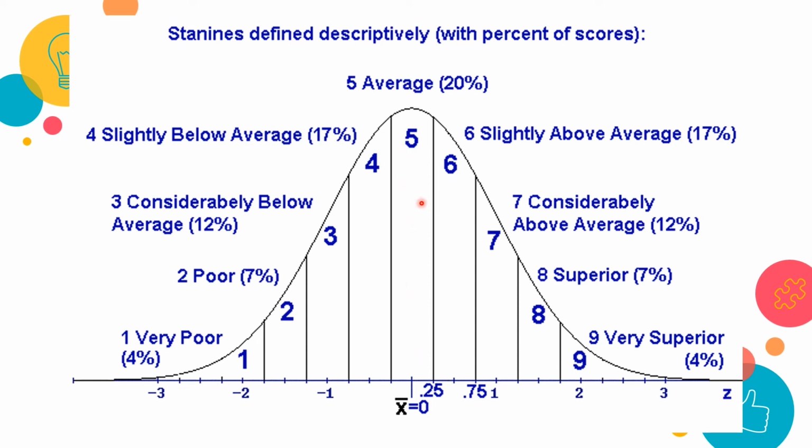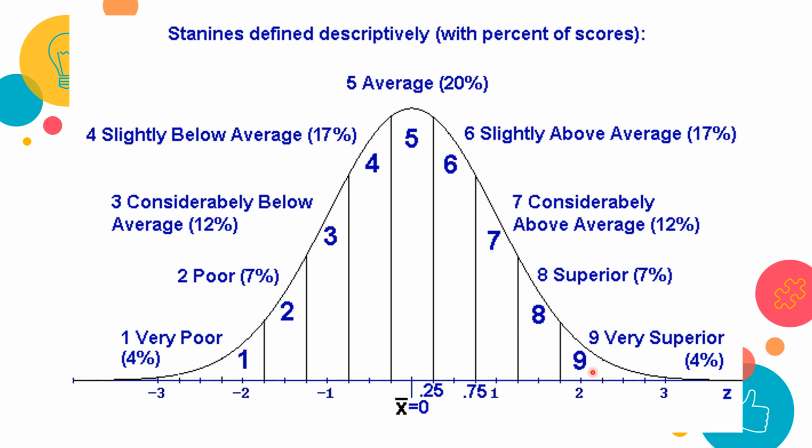17% will receive a grade of 6, slightly above average here. 12% will receive a grade of 7, as considerably above average. And 7% will receive a grade of 8, and can be described as superior.